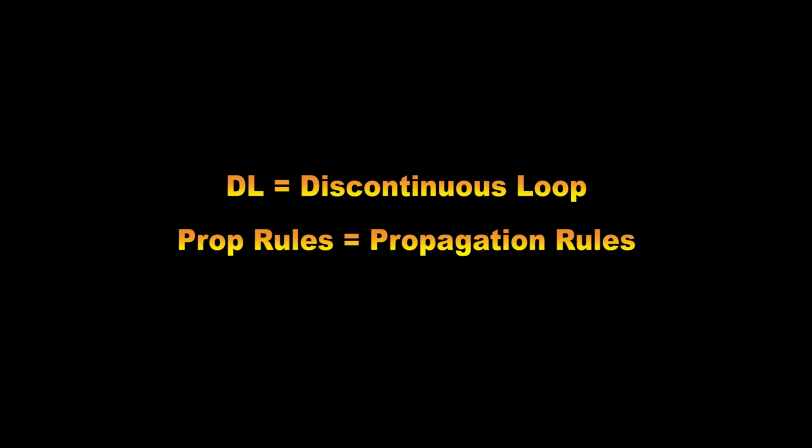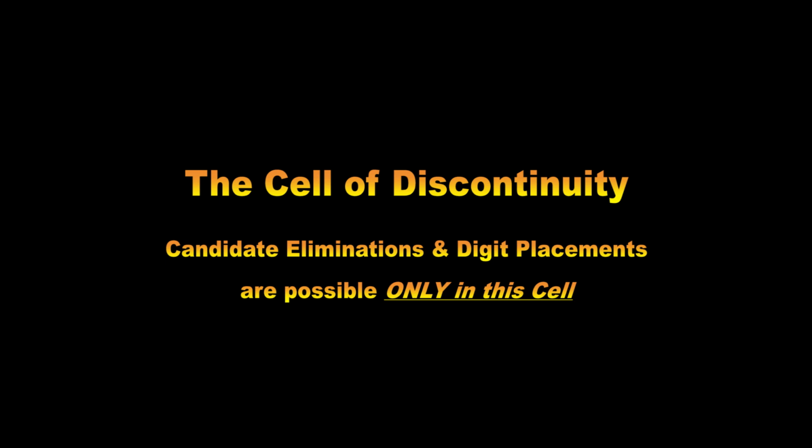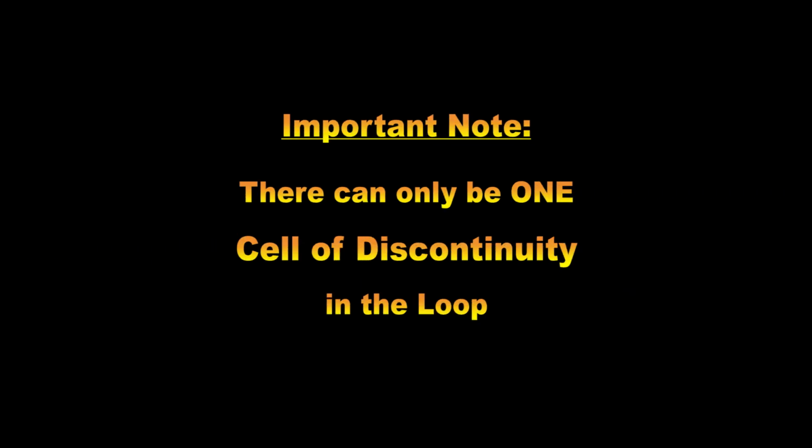Okay? Great. The cell where you find the contradiction is called the cell of discontinuity, and it is only in this cell where logical deductions can be made and where candidate eliminations or digit placements are possible. But it is very important to note that there can only be one cell of discontinuity, i.e. one cell where the prop rules are broken.